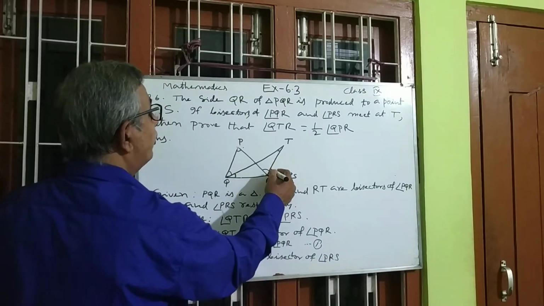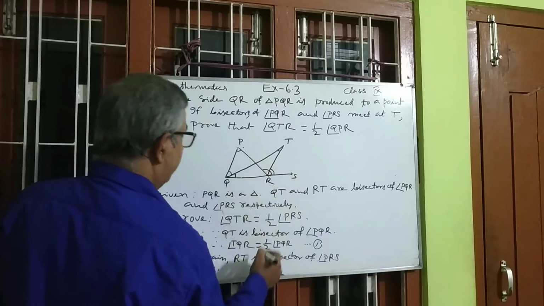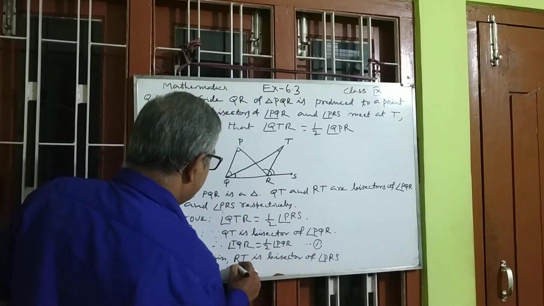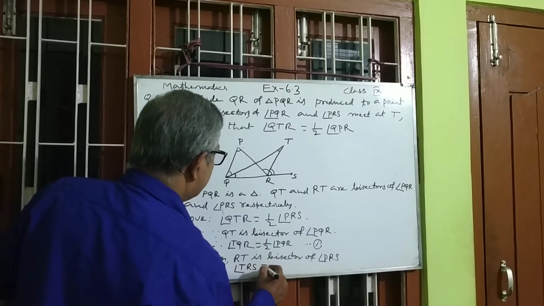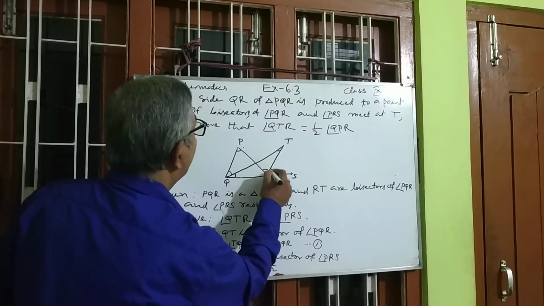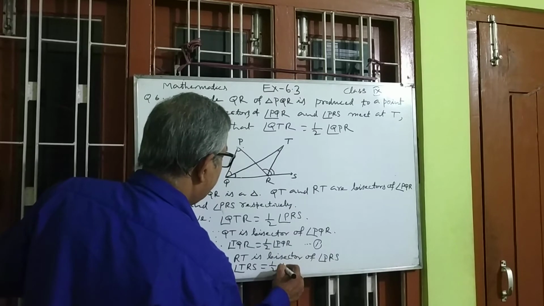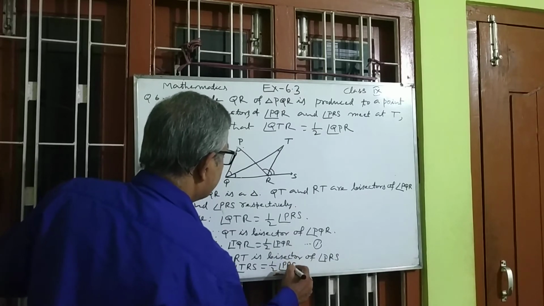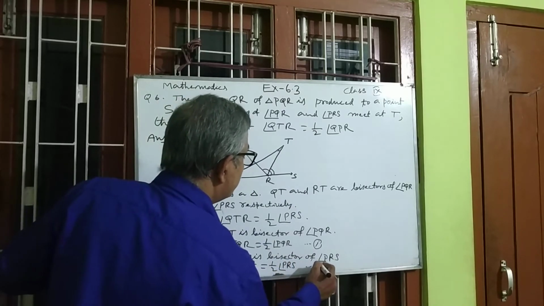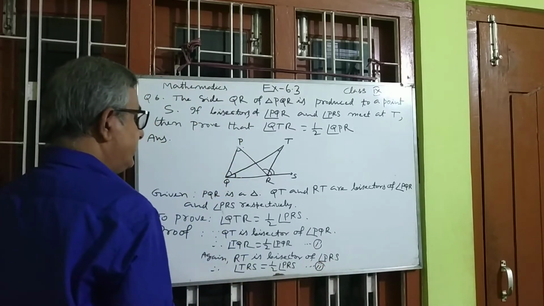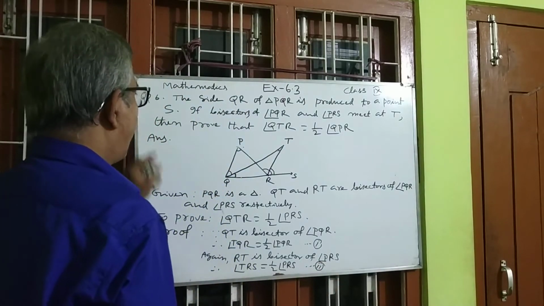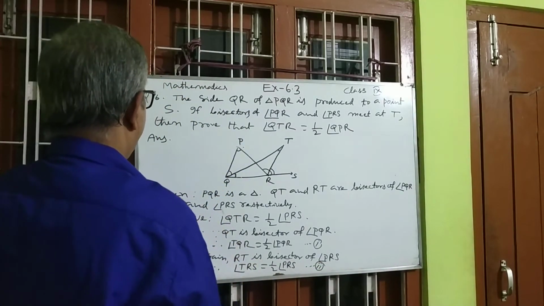This angle will be half of this angle. Angle TRS is equal to half of the whole angle PRS. This is equation number 2. My dear students, there is no space, I am going to rub the question.